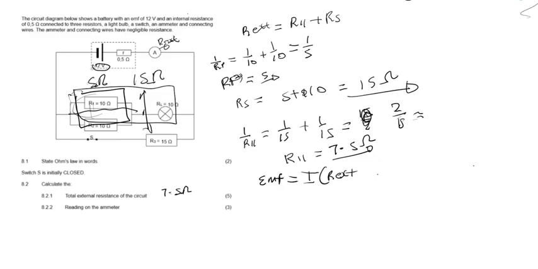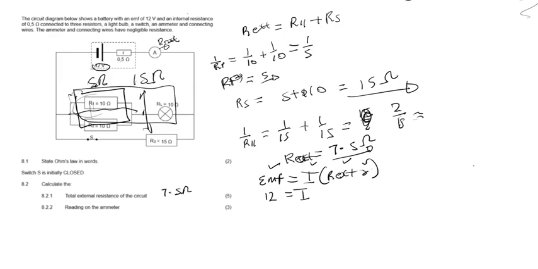EMF is equal to I times (R external plus r). We have the EMF and we're looking for the current. We already calculated the R external, the final answer from before. We have also been given the internal resistance. So we just need to plug everything in.